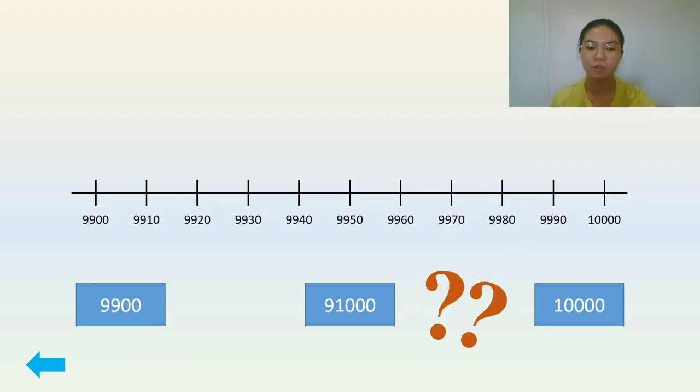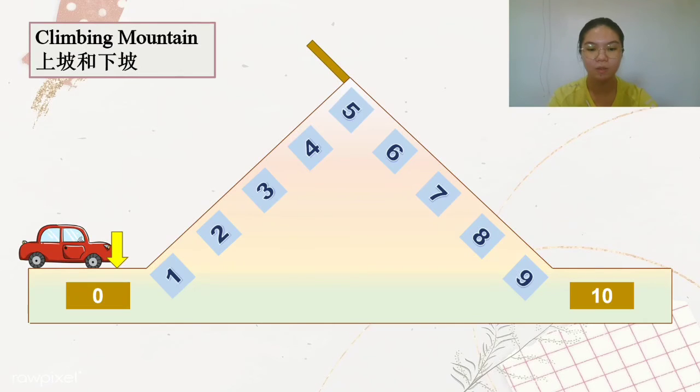So here I will use the number line to solve the question and explain to you all. As we look back to the hill, you will notice that the digits 1 until 4 stay at uphill, and the digits 5 until 9 stay at downhill. So now we look back to the number line.